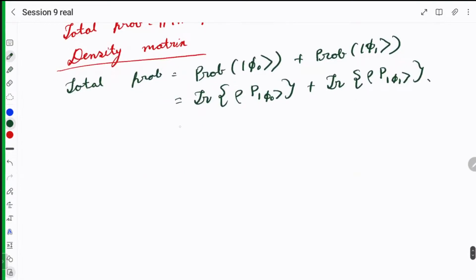And trace is a linear operator, so trace of A plus trace of B is nothing but trace of A plus B. So you can write this.